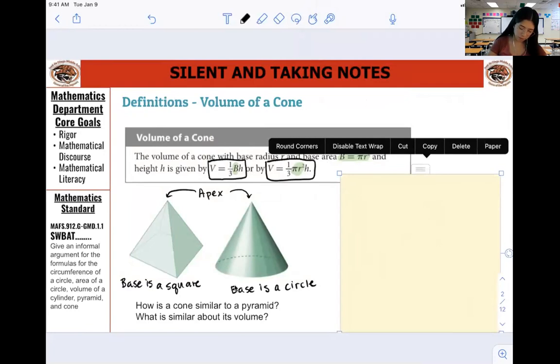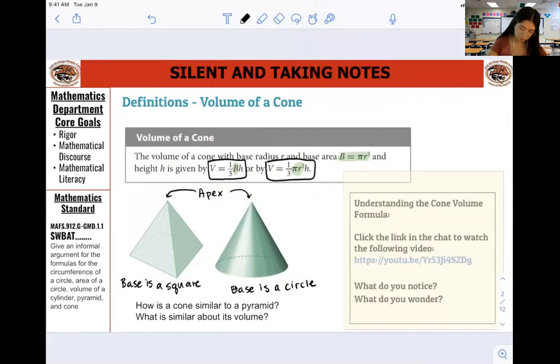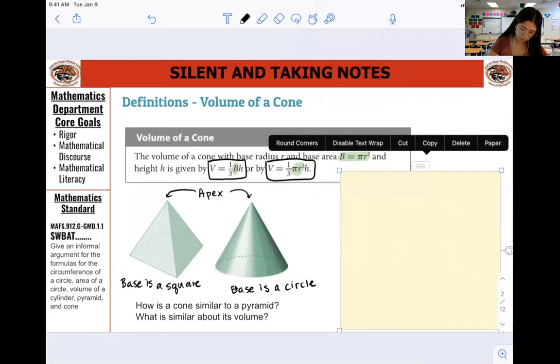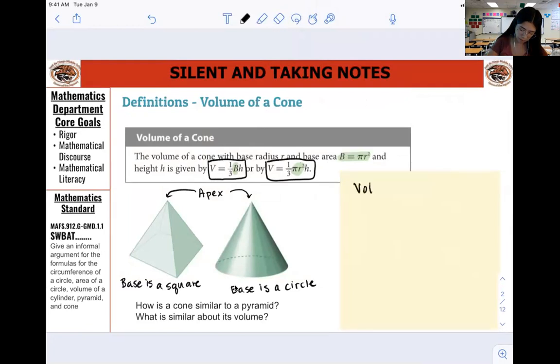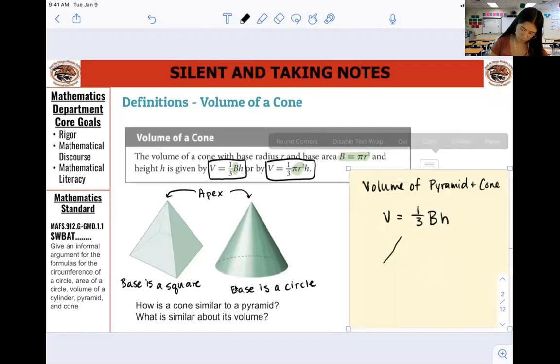So I'm just going to do a quick comparison. Oops.